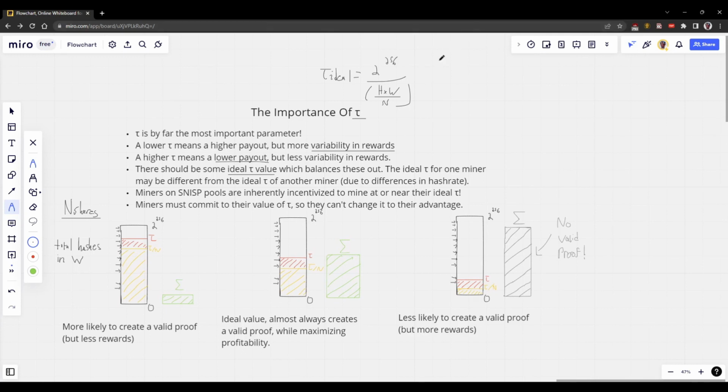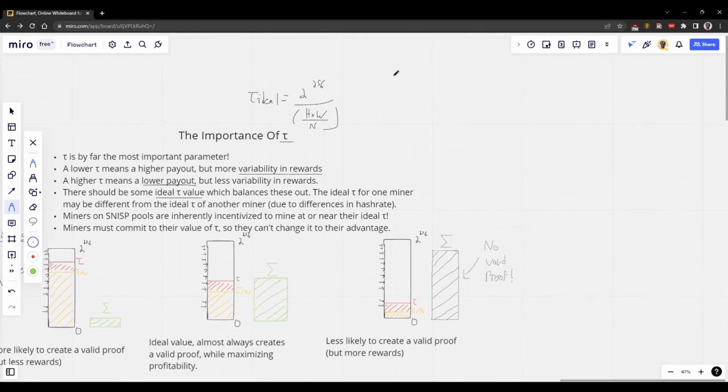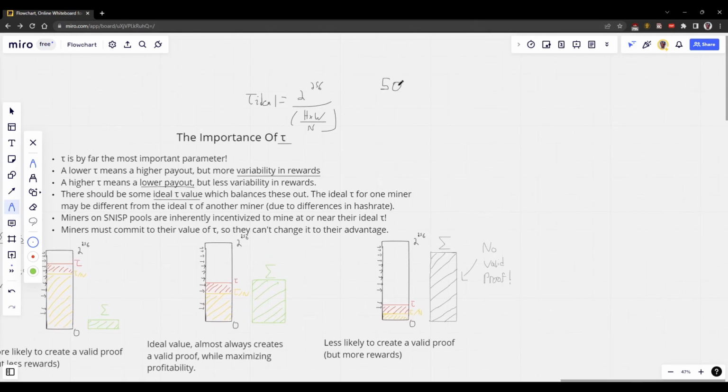So let's try and calculate the ideal TA value for a miner with 500 megahashes. So 500 megahashes is really 500 times 10 to the 6th hashes per second.